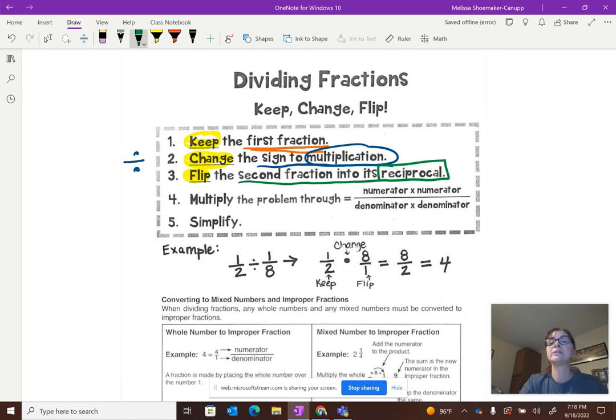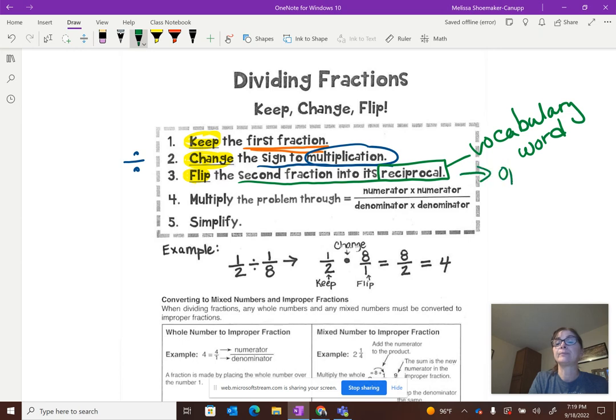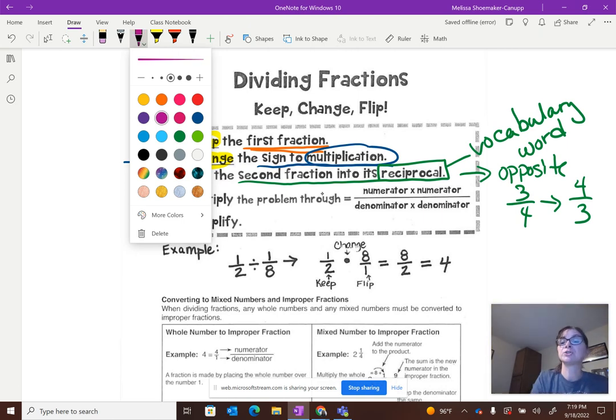And reciprocal is another vocabulary word. Okay. And reciprocal means its opposite. For example, if I had 3/4, the reciprocal would be 4/3. Exactly what the directions say.